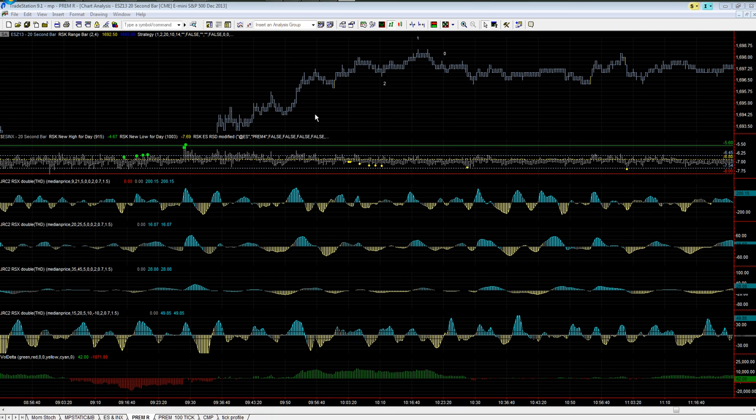Now, as we move up into the first real good high of the morning, let's keep in mind how the premium is moving relative to the upper pivot threshold. The upper pivot threshold is used in this sense.